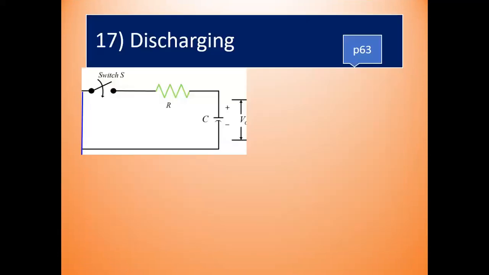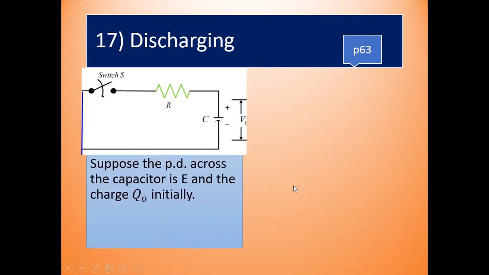Okay, discharging, page 63 in your book. For discharging, we don't have a source there. Just now we had a battery here and the current flowed clockwise. Now the capacitor is fully charged. We short circuit it, so now the current flows anti-clockwise.